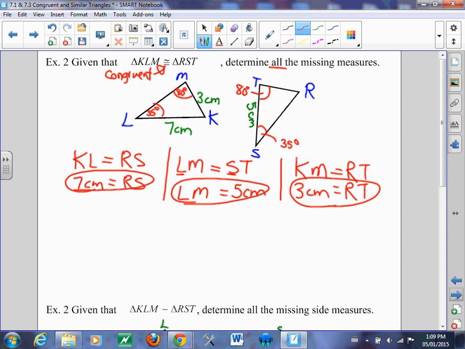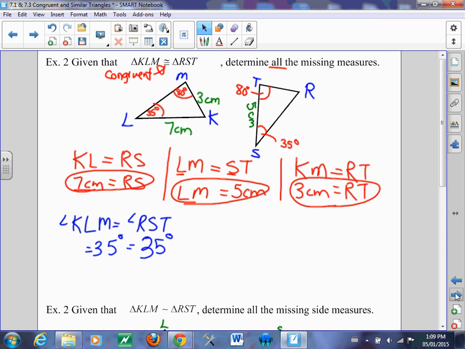Now we've got to worry about the angles. So I'm going to change color here. Angle KLM equals, take a look at that angle, folks, angle RST. And what angle does that equal? 35 degrees equals 35 degrees.